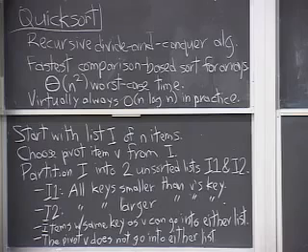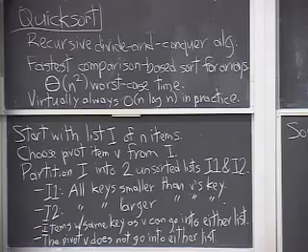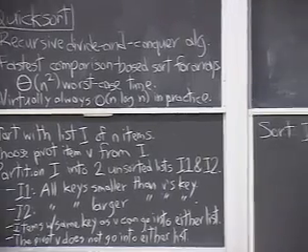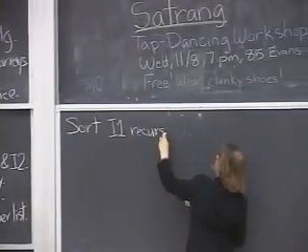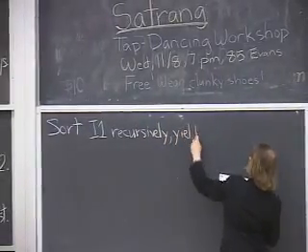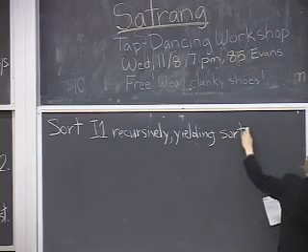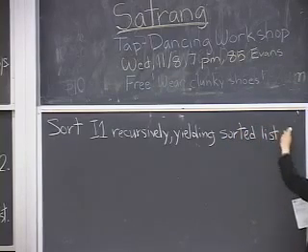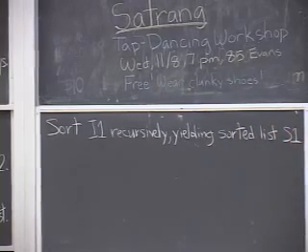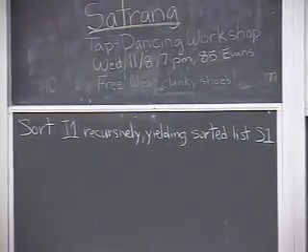So those are the rules for partitioning. Once you've partitioned, then the rest is easy because you just call yourself recursively. So sort I1 recursively, and the result of the recursive call is a sorted list, call it S1.